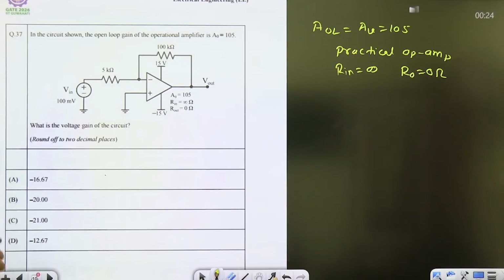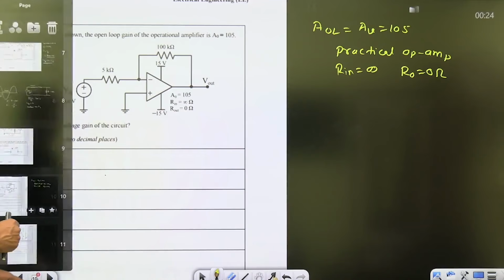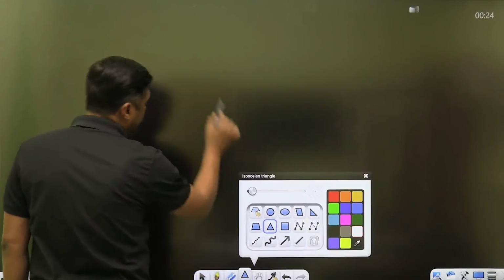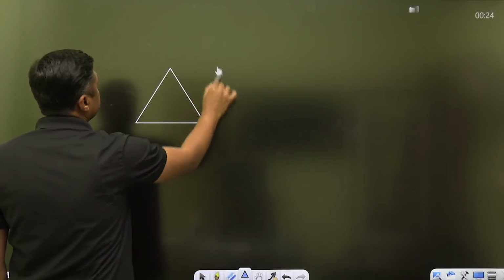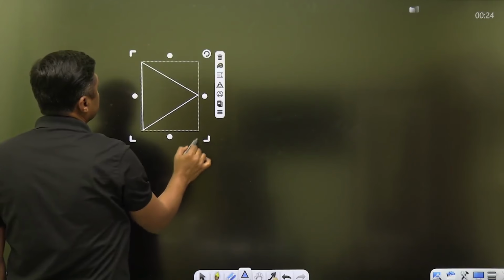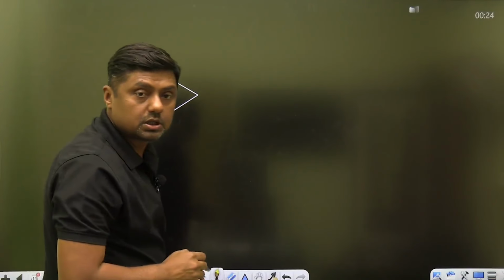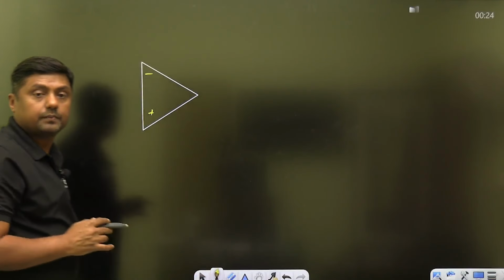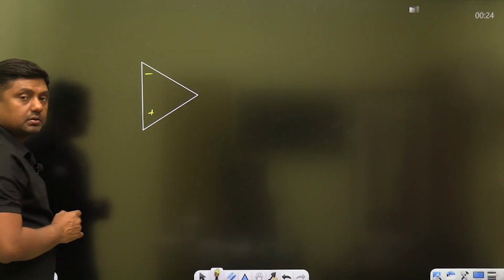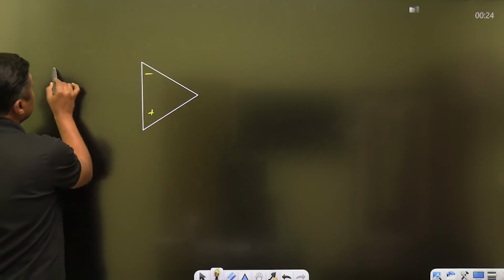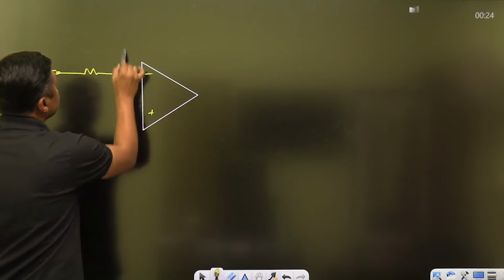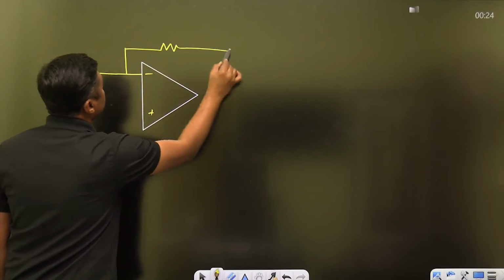So this is question number 37, and I am going to solve this question. This is a practical operational amplifier, guys. This is minus, this is plus. There are two ways to solve the question.